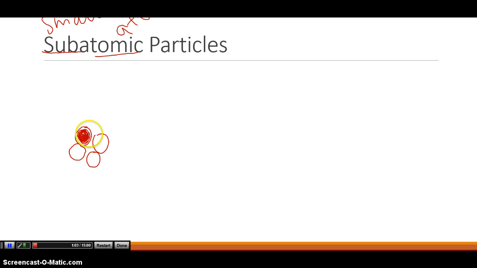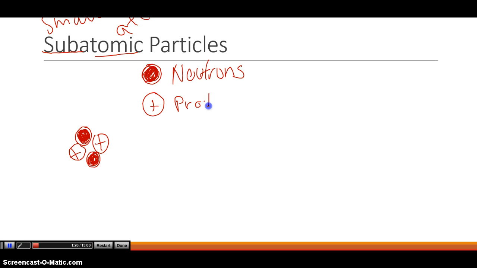There are protons, neutrons, and electrons. I'll draw a few of these guys. Alright, so the ones that are all colored in on this diagram are neutrons. The ones that have little plus signs are protons.